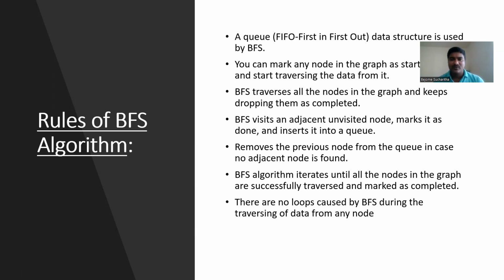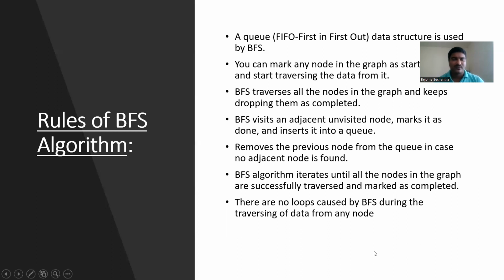Remove the previous node from the queue in case no adjacent node is found. Repeat the BFS algorithm until all the nodes in the graph are successfully traversed and marked as completed. There are no loops caused by BFS during the traversing of the data from any node.